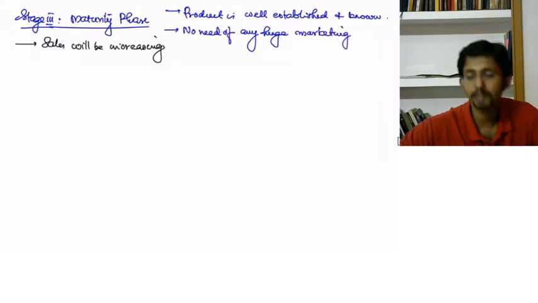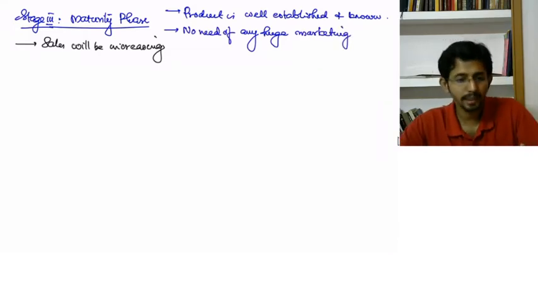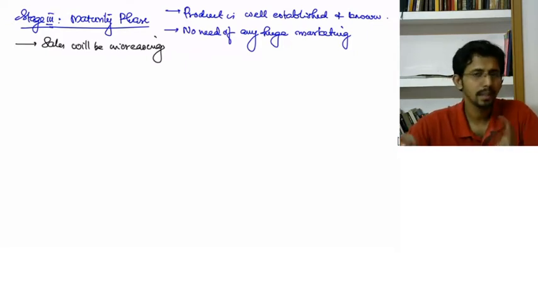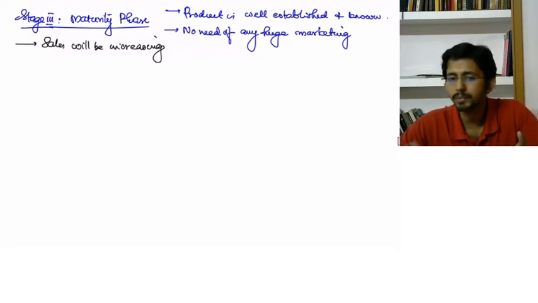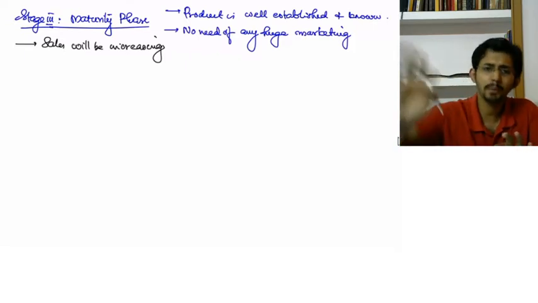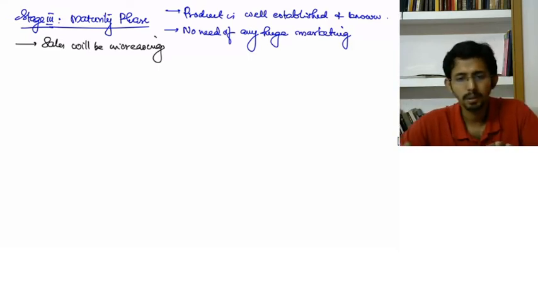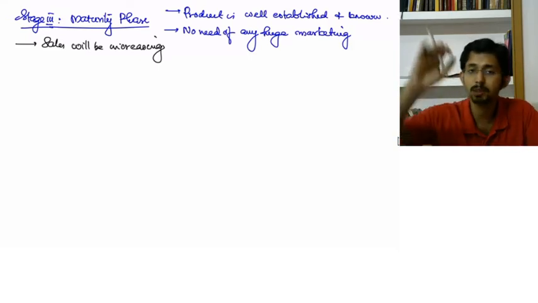Due to the marketing efforts you have taken in the previous stages, your product itself will sell in the market. You can see certain products in the market which will sell on their own. They don't have to do any marketing or any advertisement. You keep the product, it will just sell on. There are products like this because they are in the maturity phase.